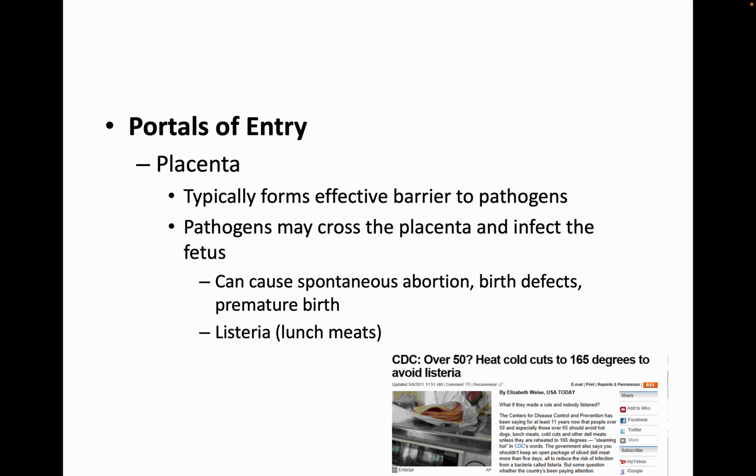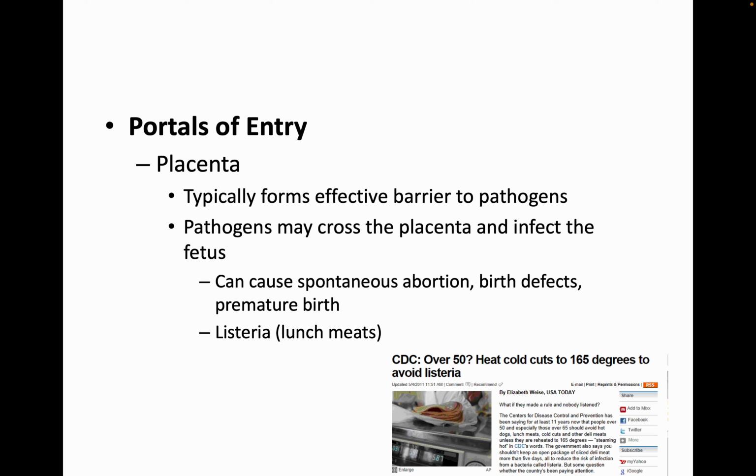The placenta typically is another potential portal of entry. It typically forms an effective barrier to pathogens. However, some pathogens can cross the placenta and infect a developing fetus. These infections can cause spontaneous abortion, birth defects, or premature birth. And a good example of this is lunch meat.